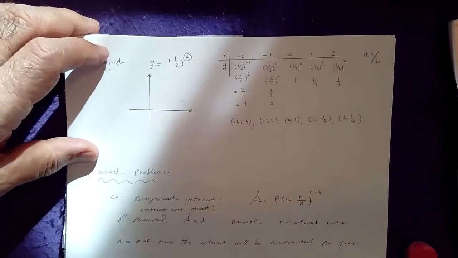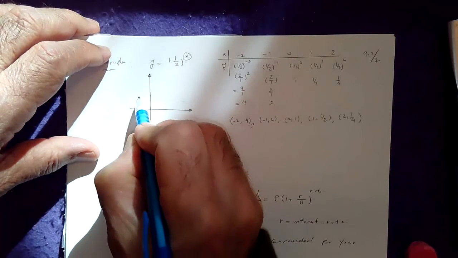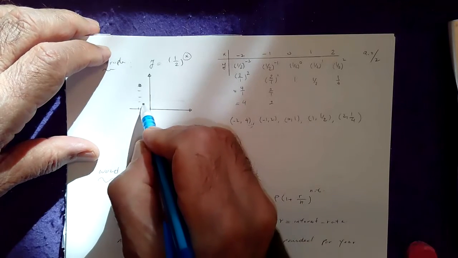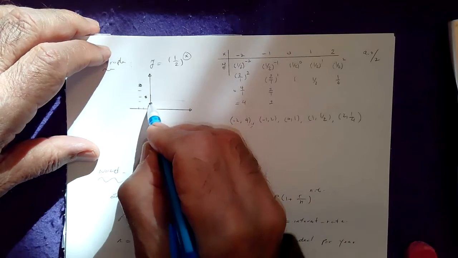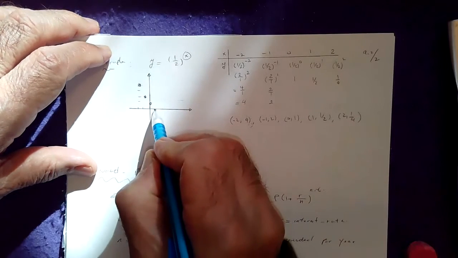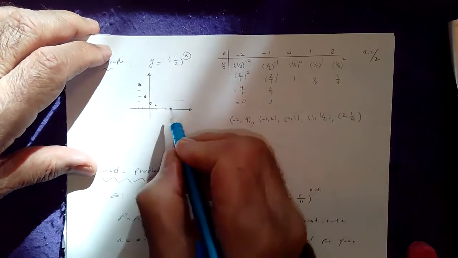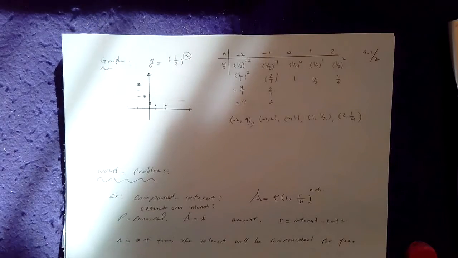Let's see how the graph looks. -2, 4: 1, 2, 3, 4 right here. -1, 2: 1, 2 right there. 0, 1 right about here. 1, 1/2, so right around here. And 2, 1/4. Notice the y values are getting smaller and smaller.